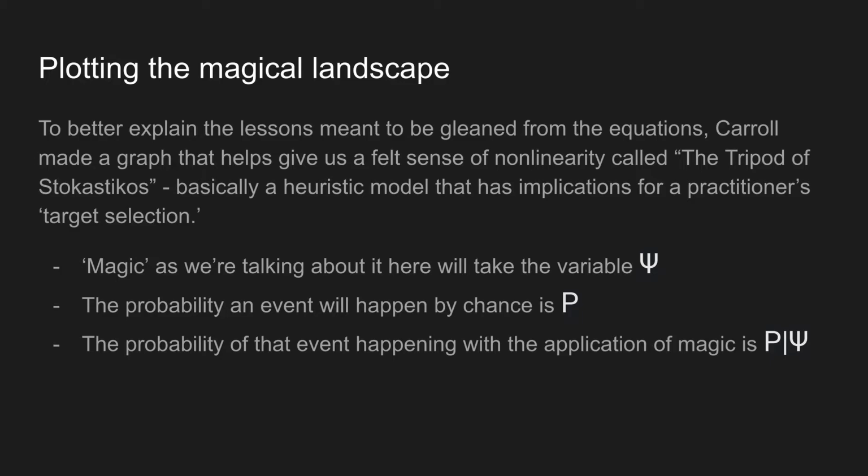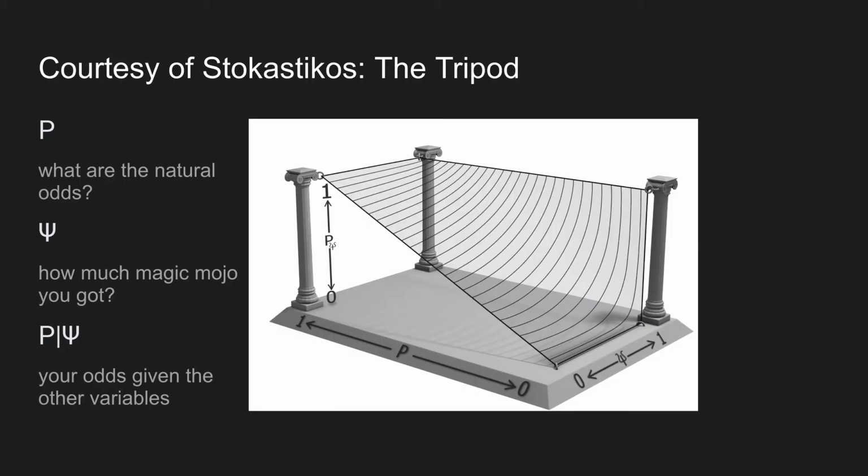It honestly won't ever be 0 or 1. It will be some number in between as a decimal. And the resulting number that we will be plotting on the z-axis is going to be p given psi, or basically the probability of an event happening given the application of the practitioner's magic.